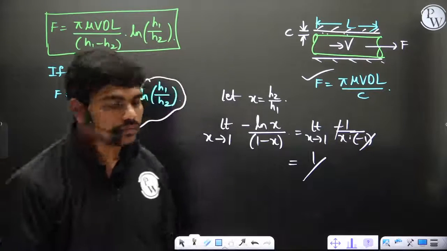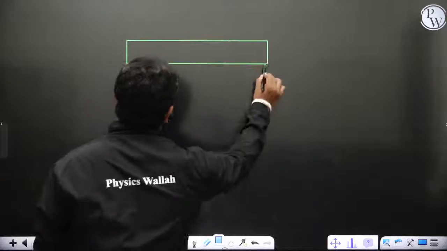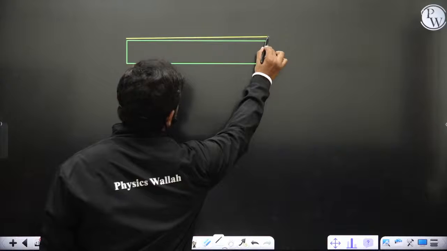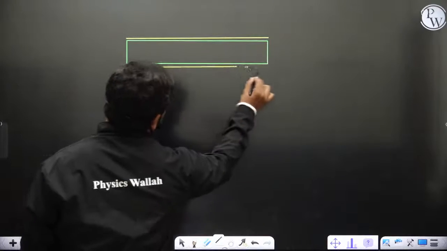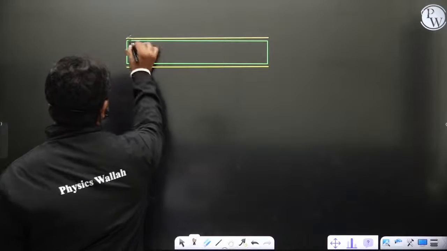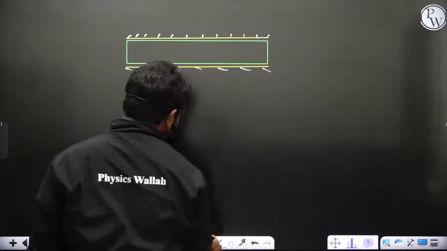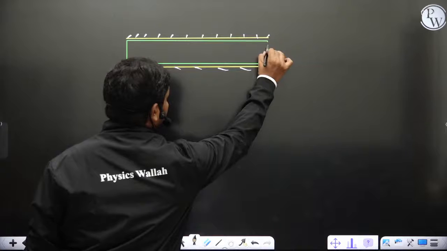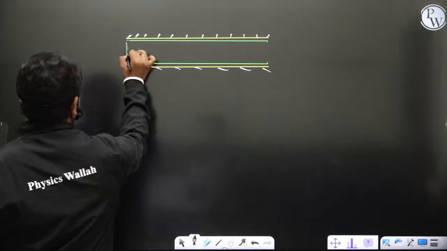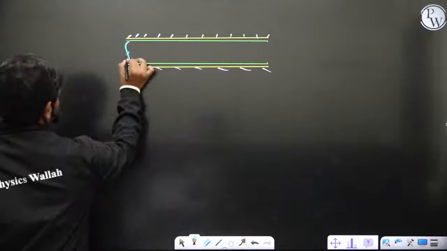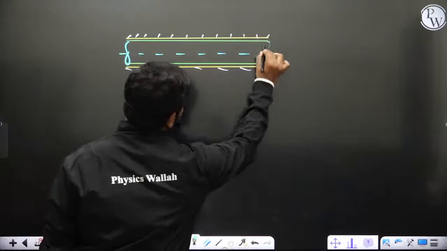Okay. So see, if you want to rotate this shaft in a sleeve, for example, if you want to rotate this in a sleeve actually, okay.